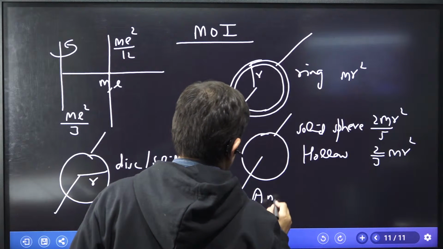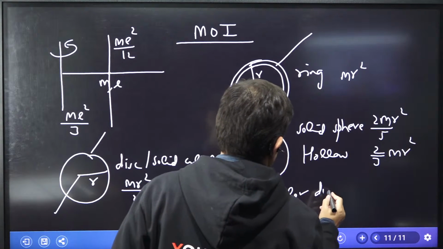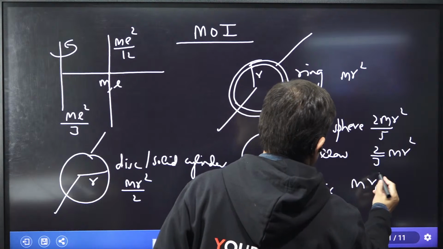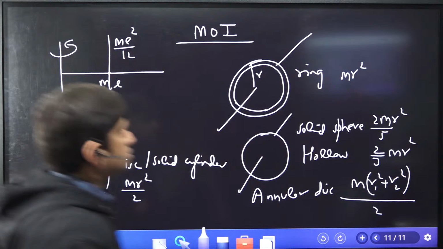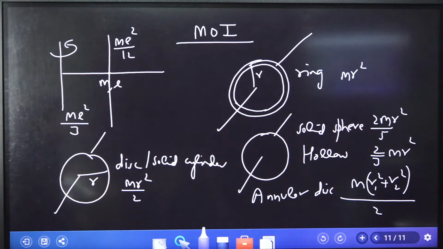Then what is it for an annular disk? For an annular disk it is m times r1 square plus r2 square divided by 2. That is how the moment of inertia is to be calculated for an annular disk.